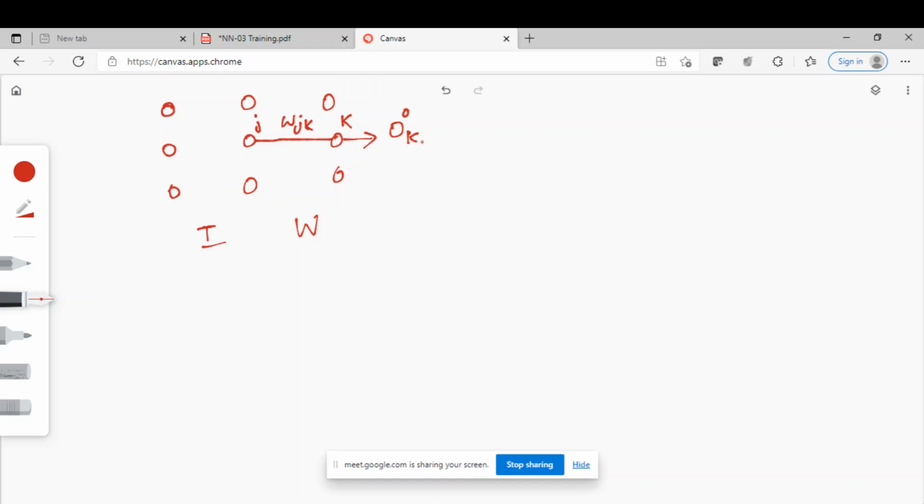Now, what is the error? Error E is equal to O_k, where this big O represents the observed output of the kth neuron of the output layer, minus the target output of the kth neuron of the output layer.